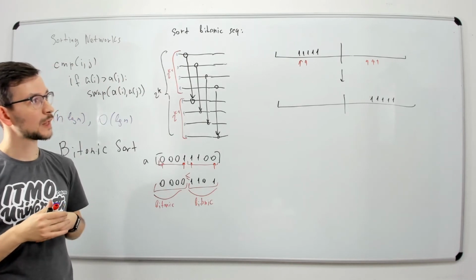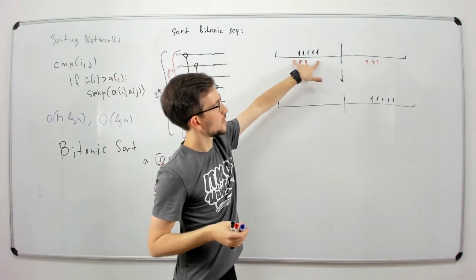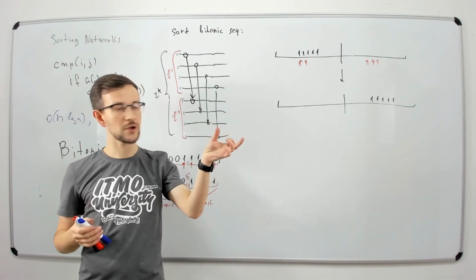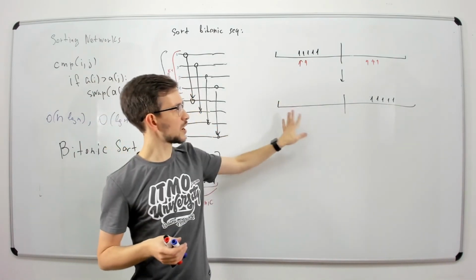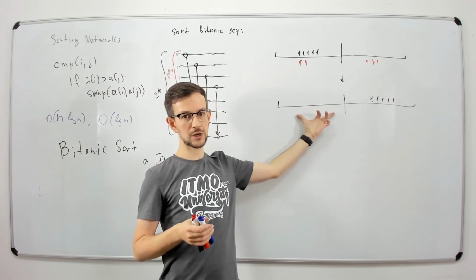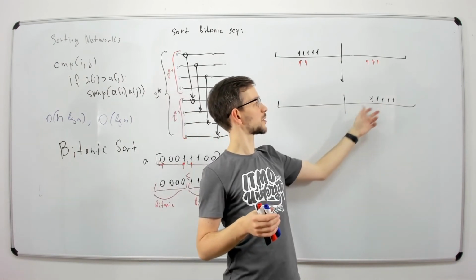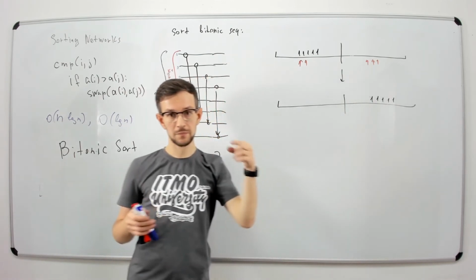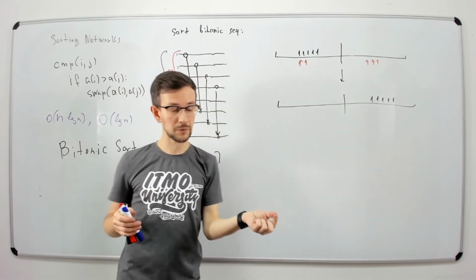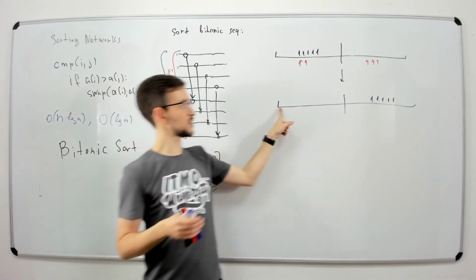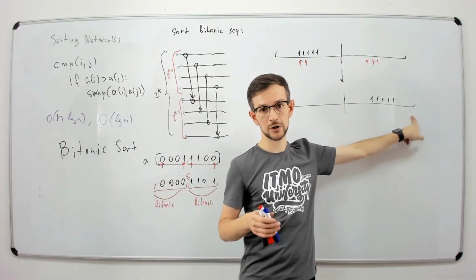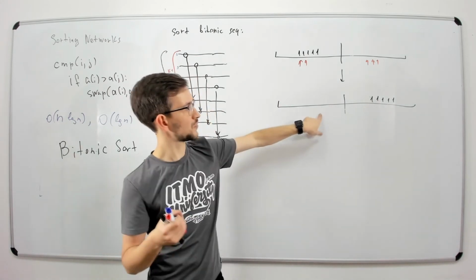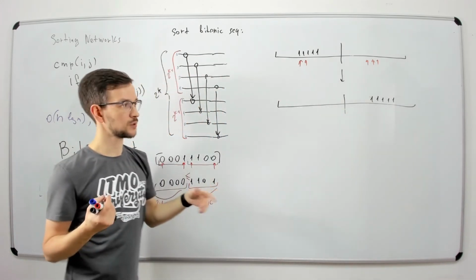So we'll have one part full of zeros and another part with this segment of ones. Now both halves are Bitonic, because this array is constant and this array is Bitonic. So we have two halves, each half is Bitonic, and the first half is less than or equal to the second half.